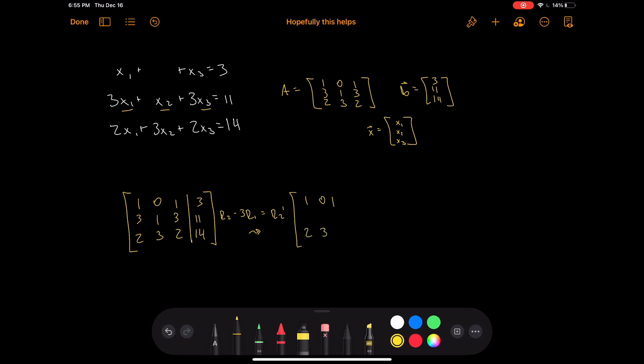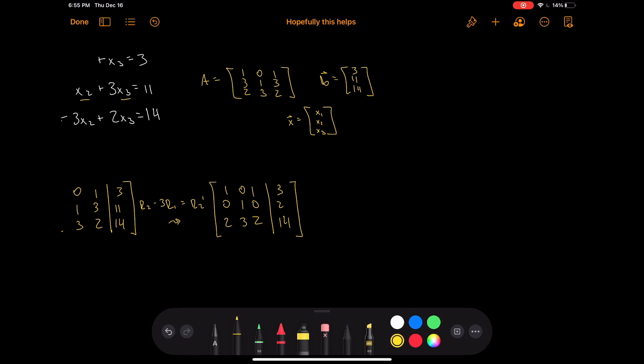Bottom becomes 2, 3, 2. And so we'll have 3 minus 3, which is 0. On the right side, or column 3, would be 3 minus 3, another 0. And then 1 minus 0 is just 1. And then here we'll have 11 minus 3 times 3, which is 9, so 11 minus 9 would be 2.